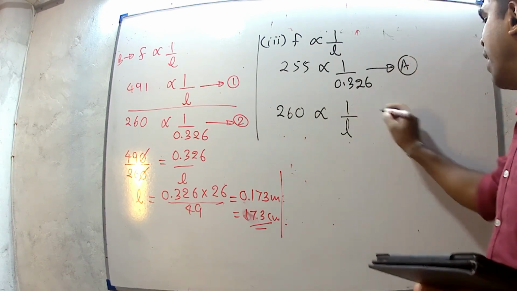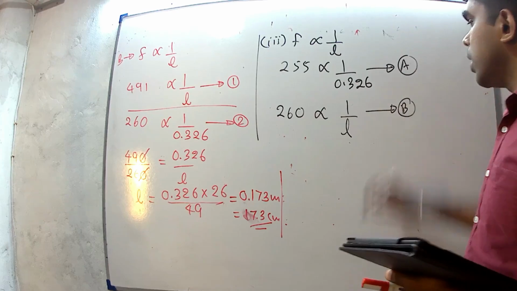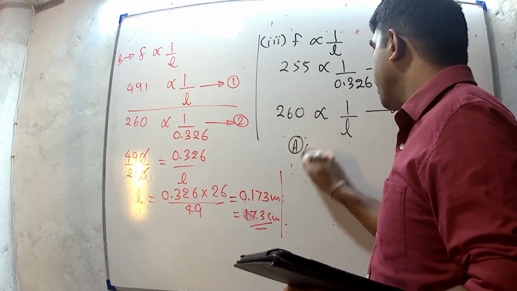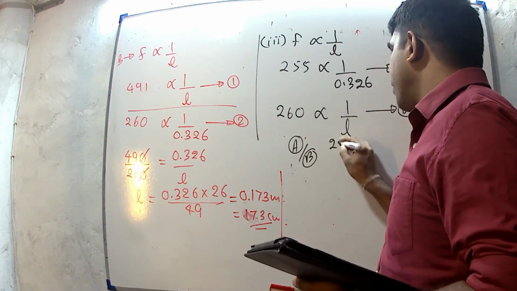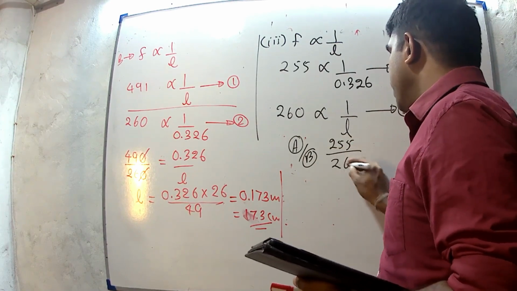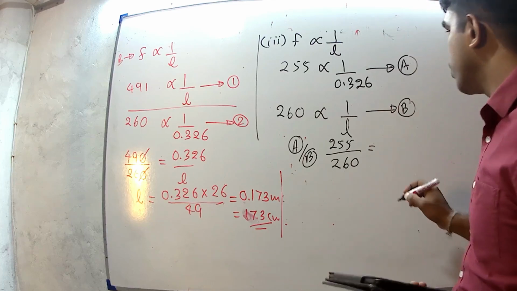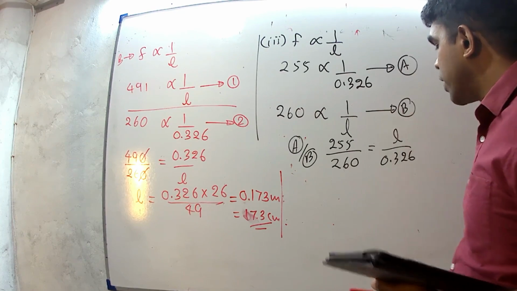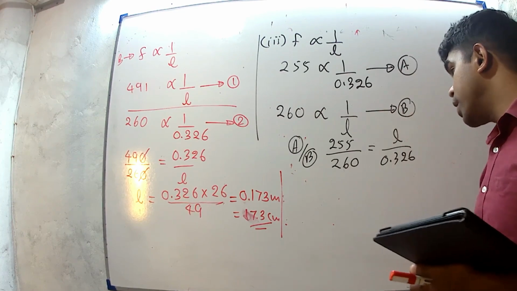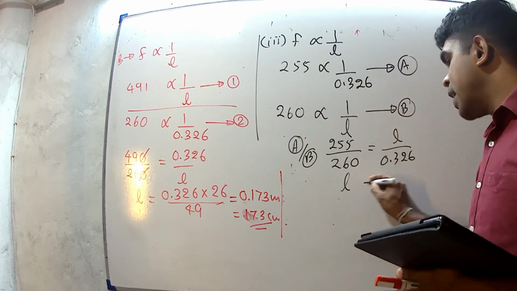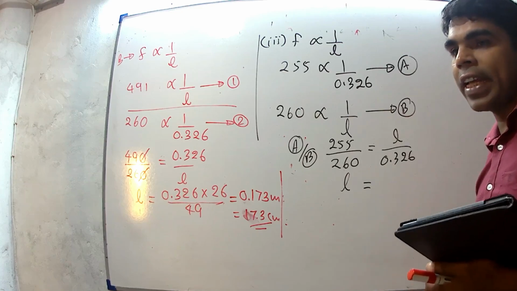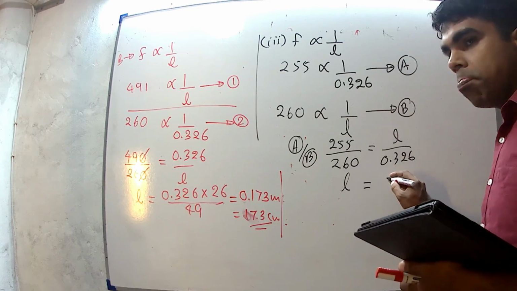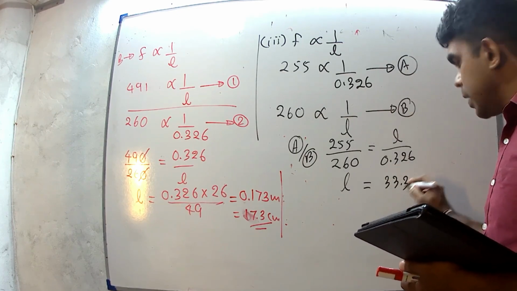We have to find the L value. Then we can divide equation A and B. 255 divided by 260 should be equal to 0.326 over L. Then we can simplify and we can get the L value, 33.3 centimeters.